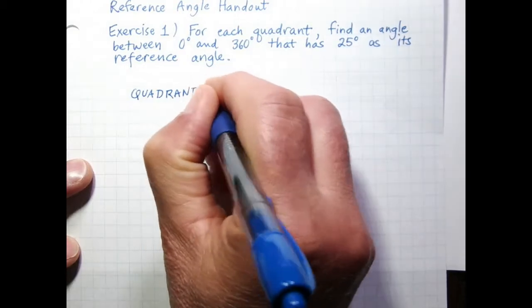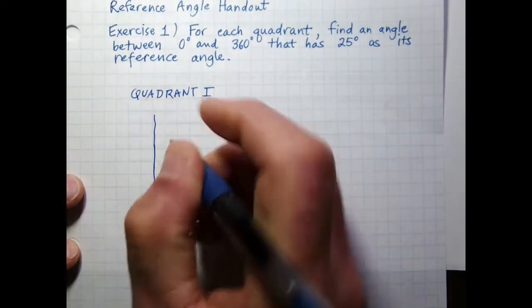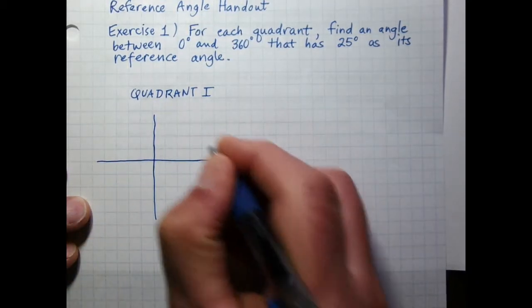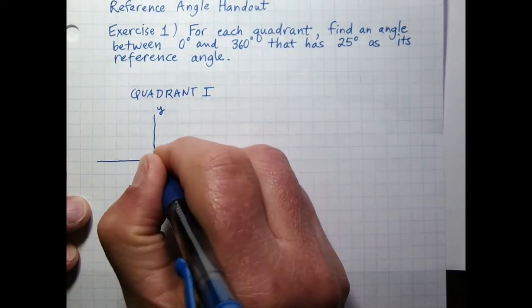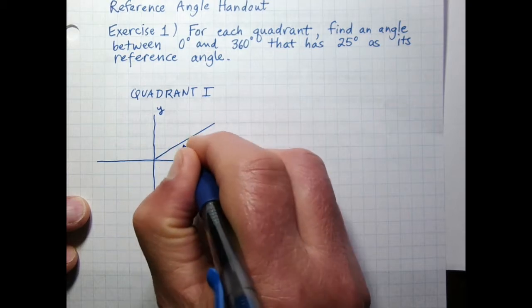We're going to do one of these for each quadrant. Quadrant 1 is kind of boring. In fact, if we only had quadrant 1, we really wouldn't even care about reference angles. So in quadrant 1, I'm just going to draw roughly a 25 degree angle.